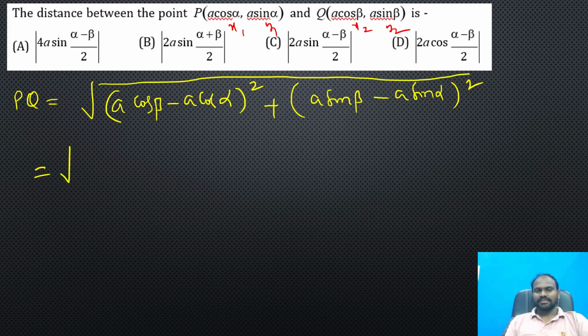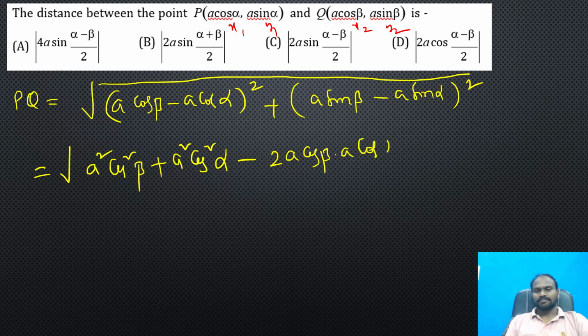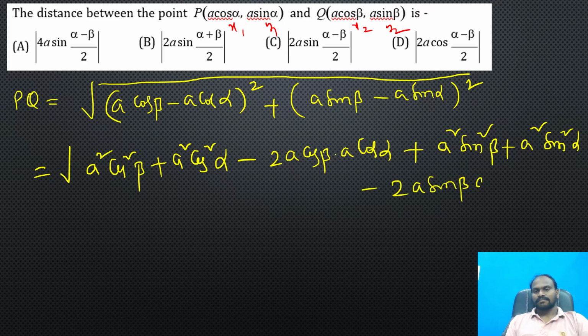Right, here you can see we can write this as (A minus B) whole square, so A square plus B square minus 2AB, plus here also A square plus B square minus 2AB, under root of this.